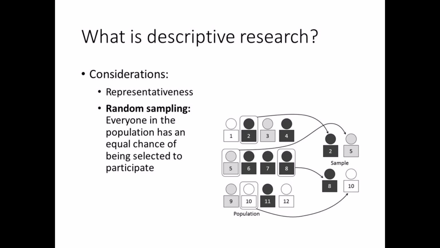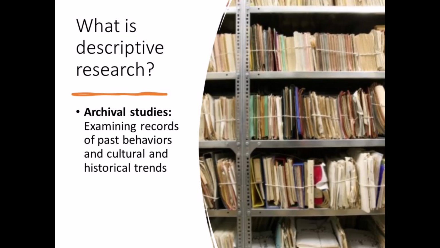The gold standard is to use random sampling. It ensures that everyone in the population has an equal chance of being selected to participate in the study. In order to use random sampling, though, we must be able to identify every single member of the population, and that may be impossible.